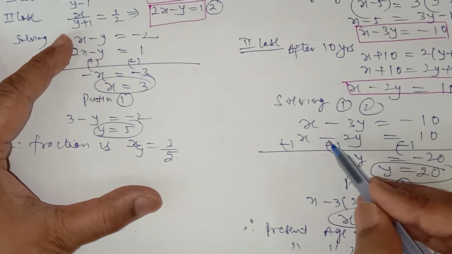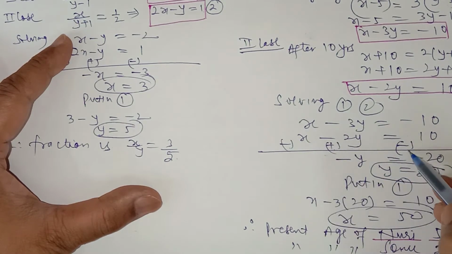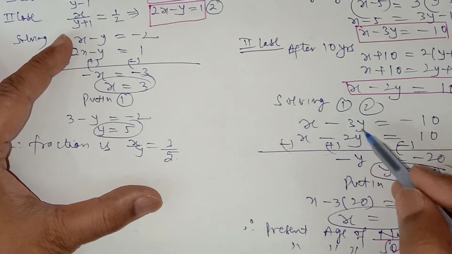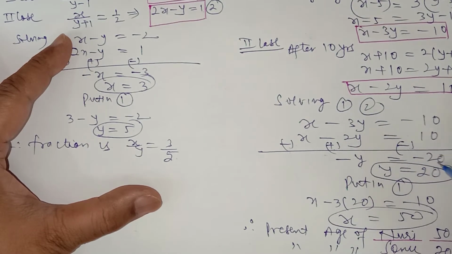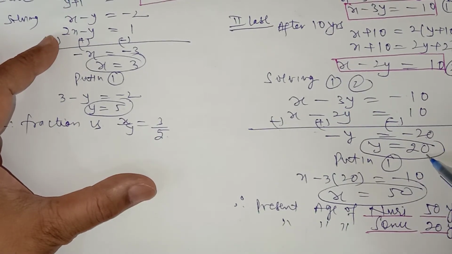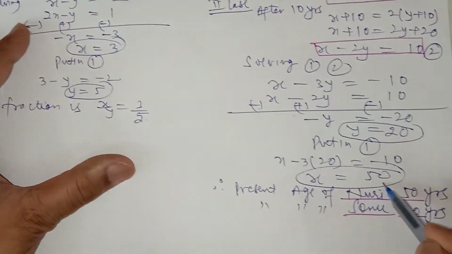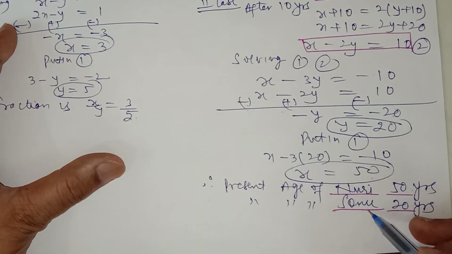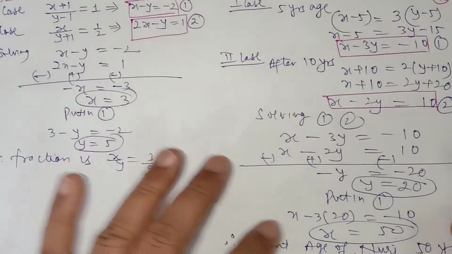Minus plus minus, plus becomes minus, so this will be eliminated. Minus 3y plus 2y equal to minus y, minus 10 minus 10, minus 20. The value of y is coming out to be 20. Put the value of y, 20, in either equation. You will get the value of x as 50. So the age of Noori is 50 years and the age of Sonu is 20 years. So somewhat easy question is this.